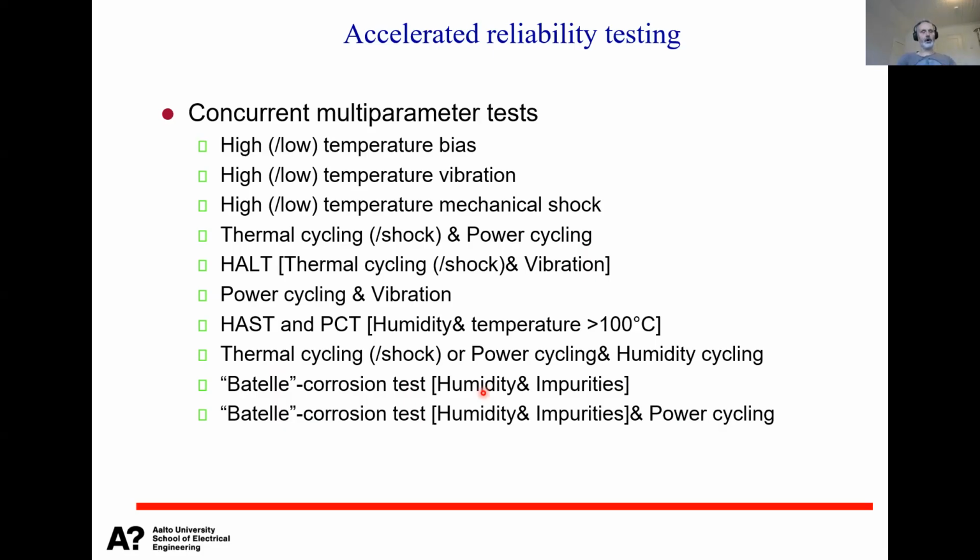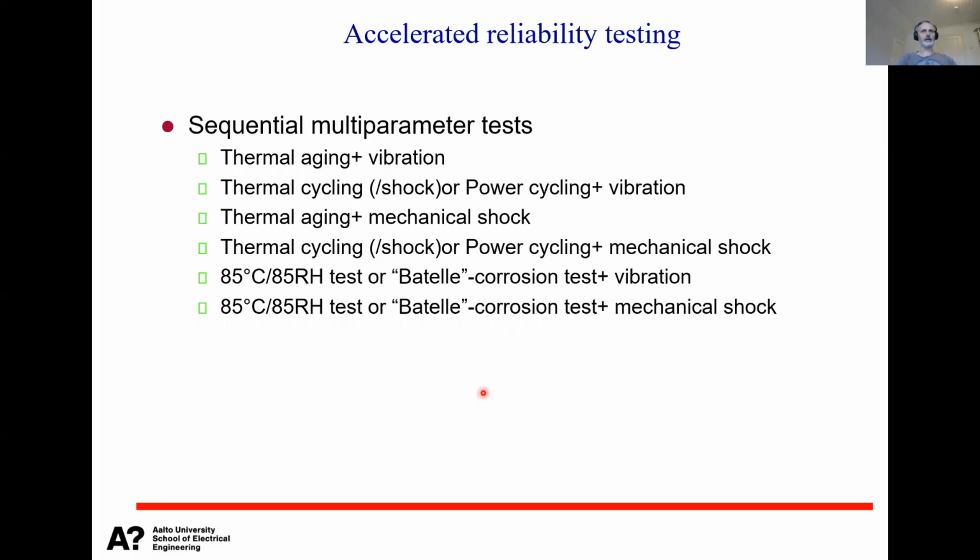So in concurrent testing, the point was that simultaneously you have several stresses, but you can also have sequential testing, meaning that first you use a certain stress to age the sample, and then you need another stress to kill the sample.